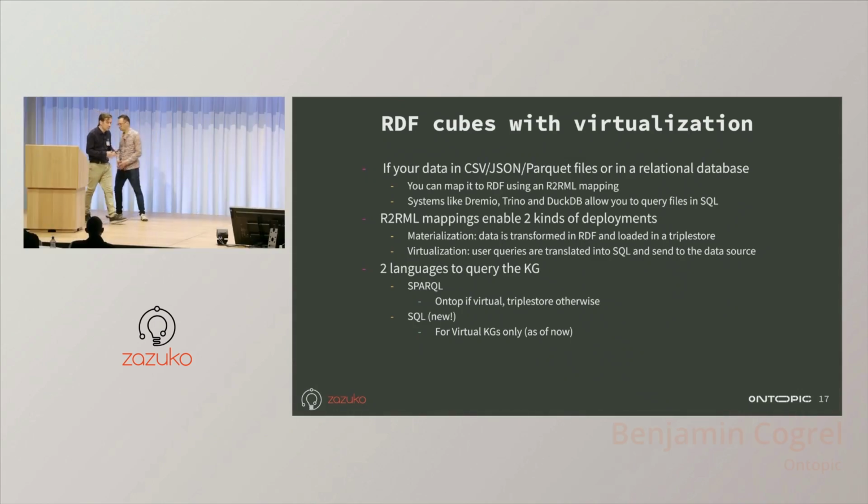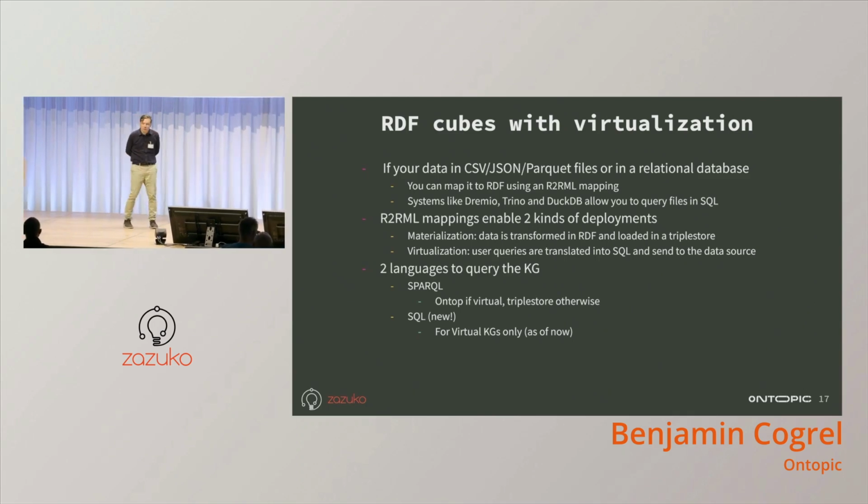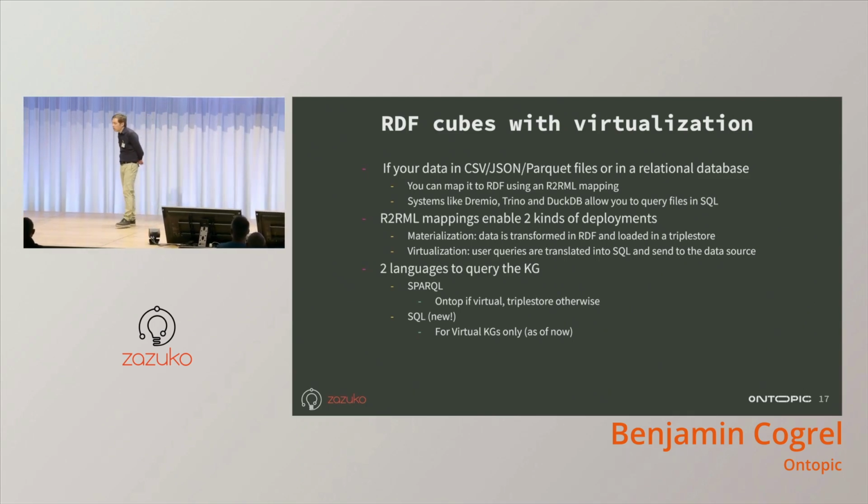Thanks. Yes, so once you have your data already in a relational database, or you have it in files, like CSV, JSON, or Parquet files, and you want that data to be made available in RDF, one way to do that is to use an R2RML mapping. R2RML is the W3C standard for dealing with SQL systems.